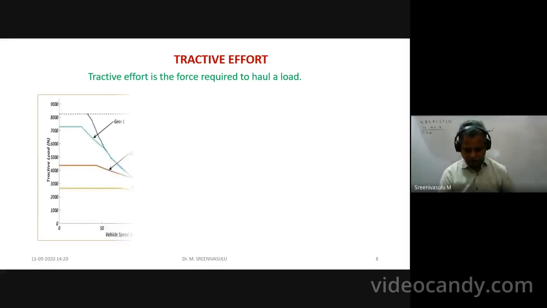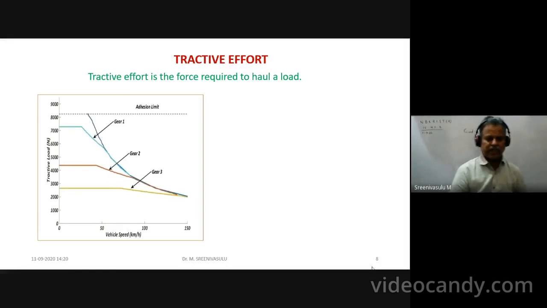In order to give you some connectivity between the gears, the tractive effort and the speed, this particular picture is going to give us some clarity. See here, maybe I don't know how far this figure is actually true. With respect to gear 1, I am okay, because when the vehicle is at zero speed, we start the vehicle with gear 1.